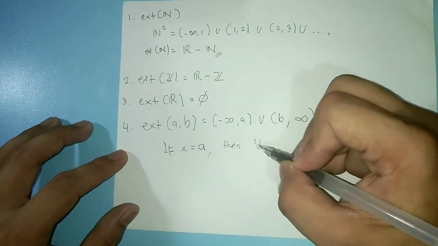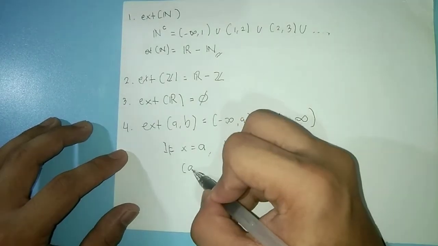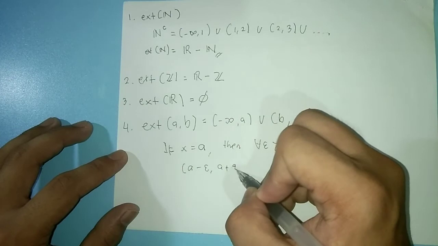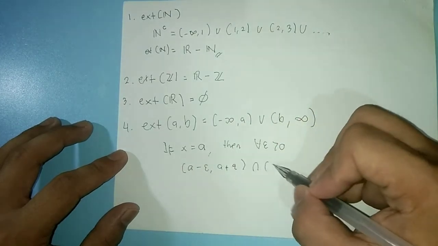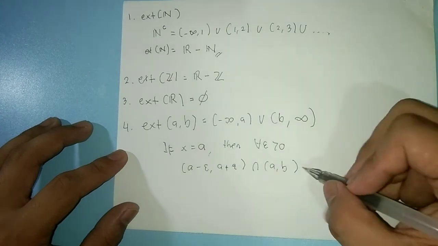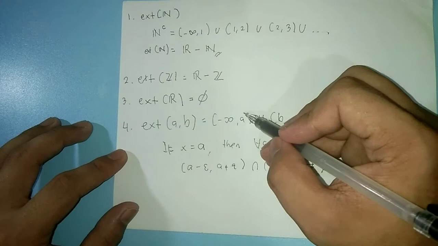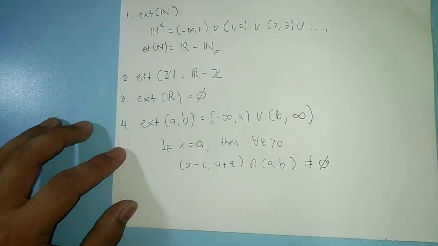Then, for any positive epsilon, so imagine niyo kapag nag-form tayo ng epsilon neighborhood dyan, intersection AB. Okay? So, hindi na siya magiging empty. Okay? Kapag sinama natin yung A.